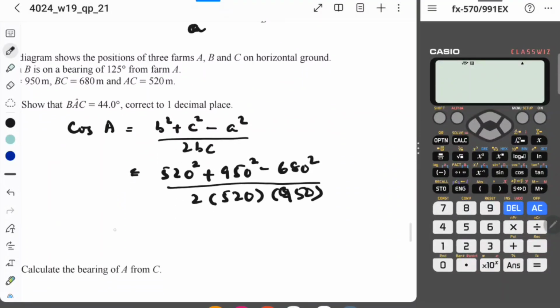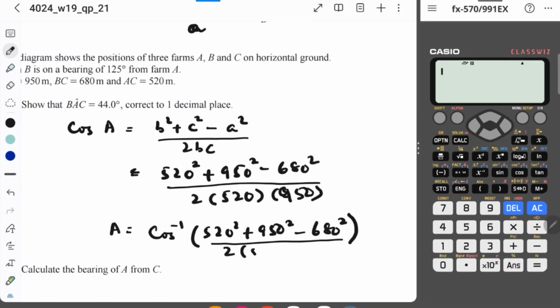Okay. Then angle A is equals to the cos inverse of 520 square plus 950 square minus 680 square upon 2 times 520 and 950. I'm telling you, I'm not using the calculator in every question. Here in few questions I'll explain you. Listen, this is shift cos inverse, and I think everybody knows now how to, because in specimen paper and the different papers I've already shown you how to calculate.